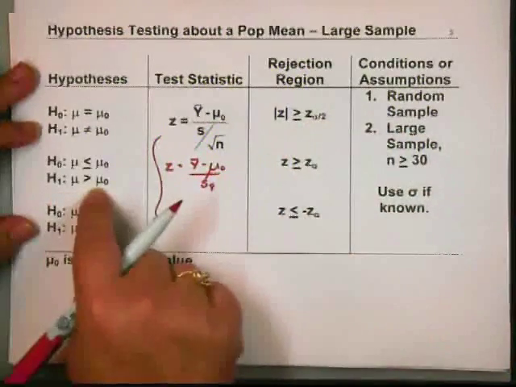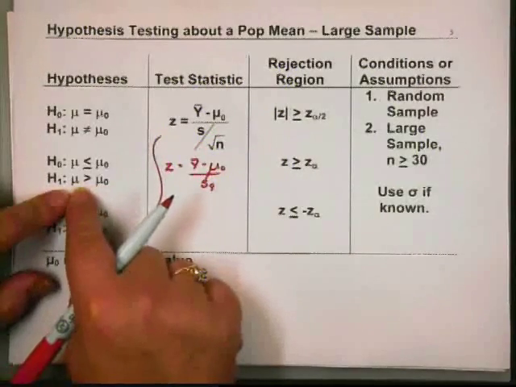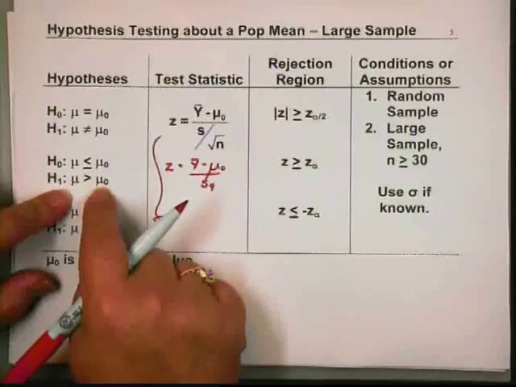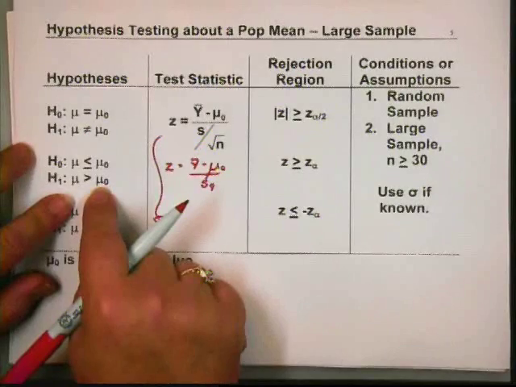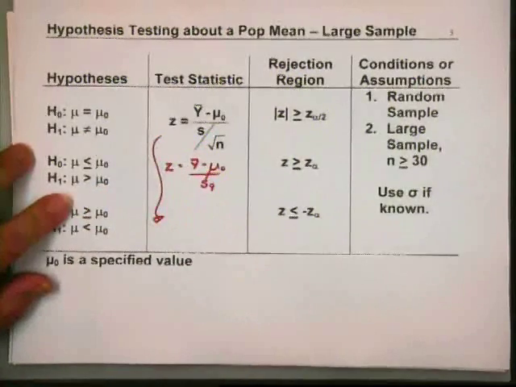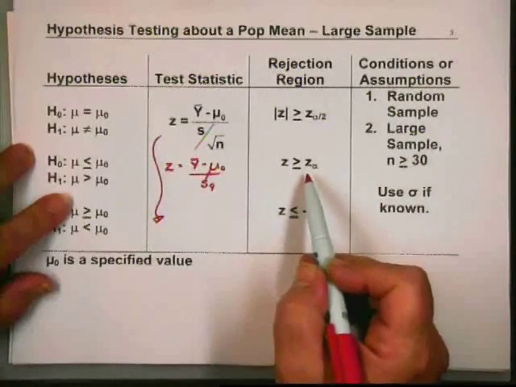Down here, if you're looking at the right-hand test, is the value of the population mean mu greater than the specified value? Well, if this alternative is true, then y bar is going to tend to be much larger than mu naught, and z is going to be large. So we're going to reject for z values that are large only.